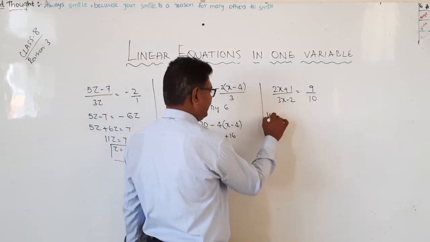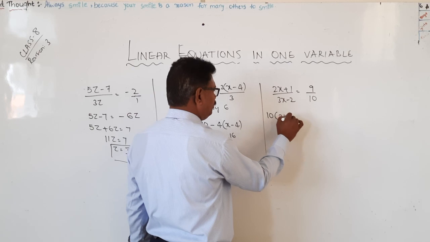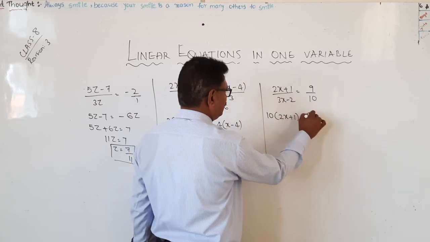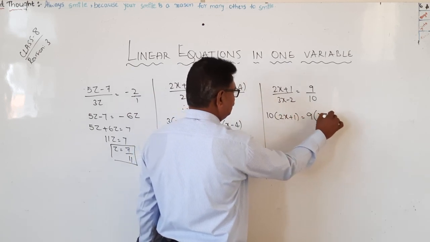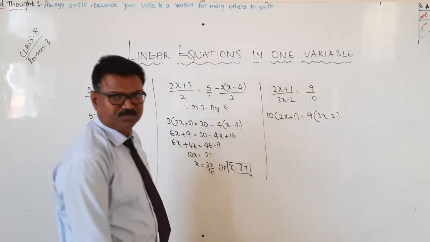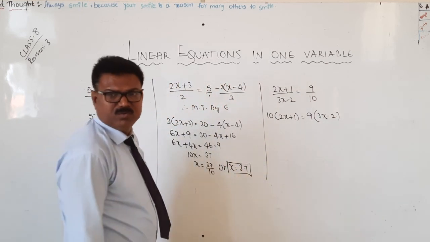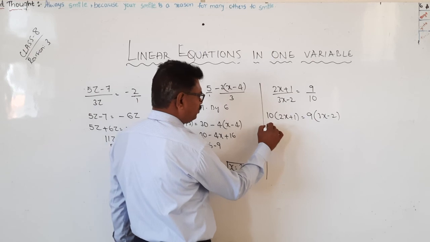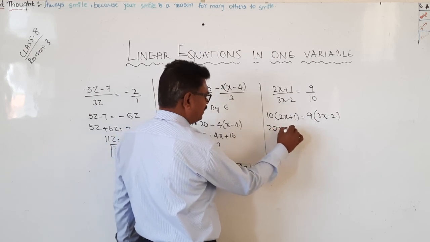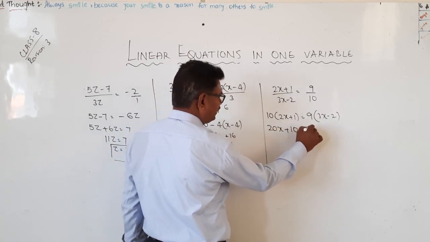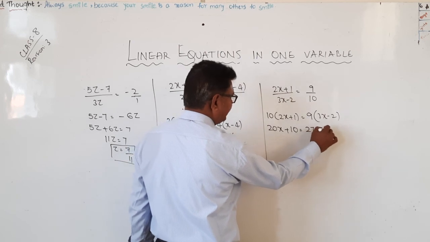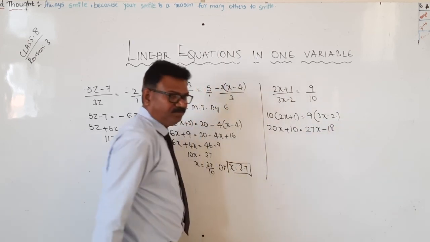You can write here 10 into 2x plus 1 is equal to 9 into 3x minus 2. Now multiply, 10 into 2 is 20x plus 10 is equal to 9 3s are 27x minus 18.